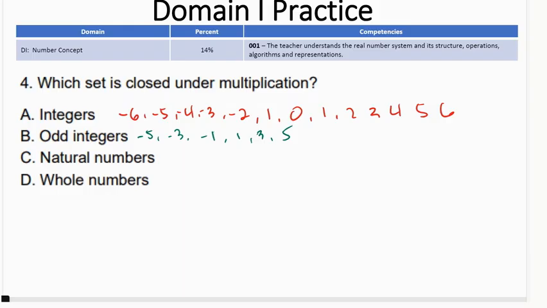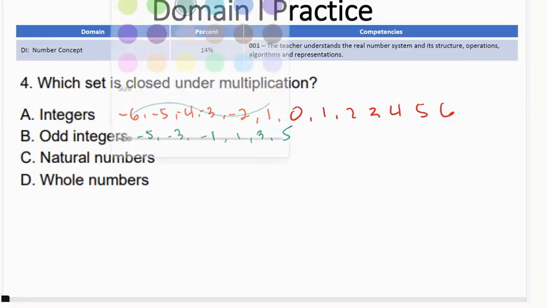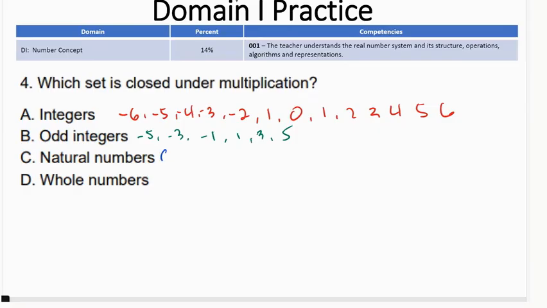Natural numbers. Natural number is a counting number. Okay, let me write that here. Let's change the color. Natural number is counting number.